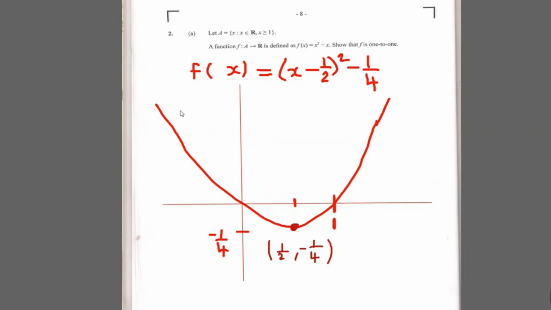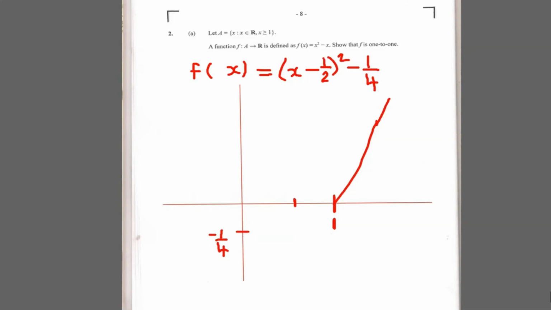So what that means is we don't want any of this. We're cutting off all of this. So that's what we have now. All right, so we don't even need the turning point. So we draw f of x.